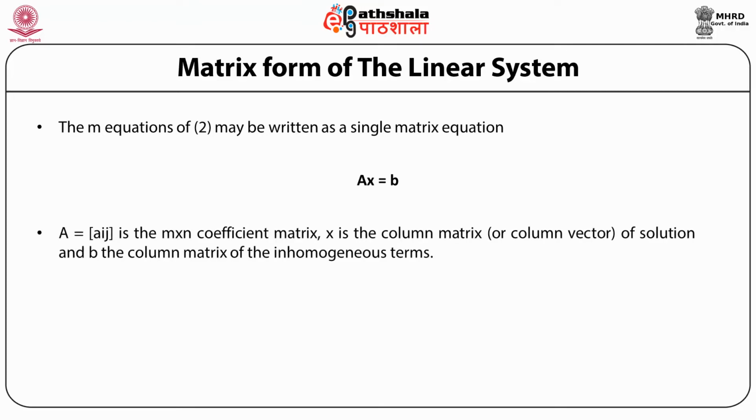We next take up the matrix form of the linear system. The m equations, as specified in equation 2, may be written as a single matrix equation, matrix A times matrix X is equal to matrix B, where matrix A is the aij matrix, which is the m cross n coefficient matrix, X is the column matrix or column vector of solution, and B is the column matrix of the inhomogeneous terms.